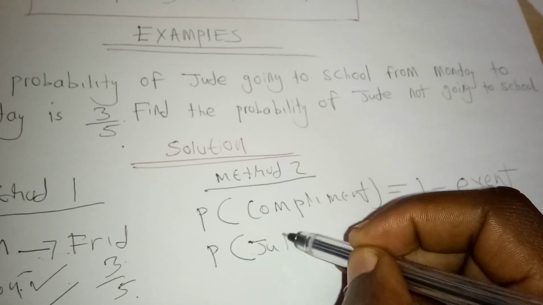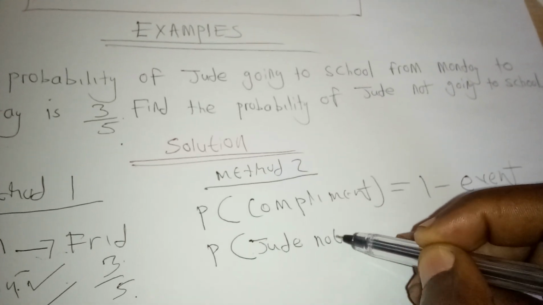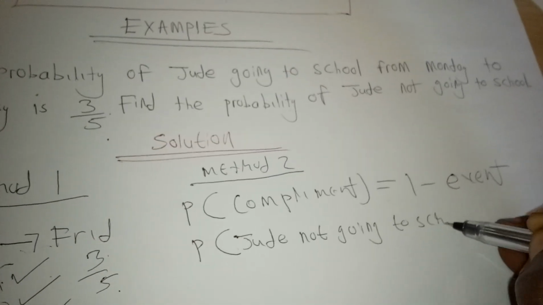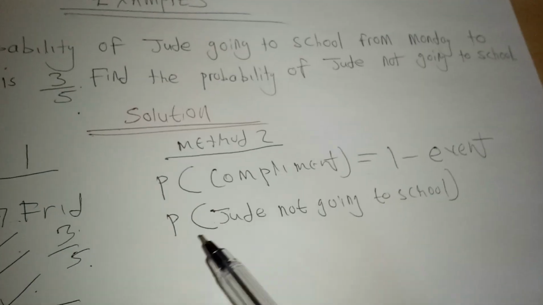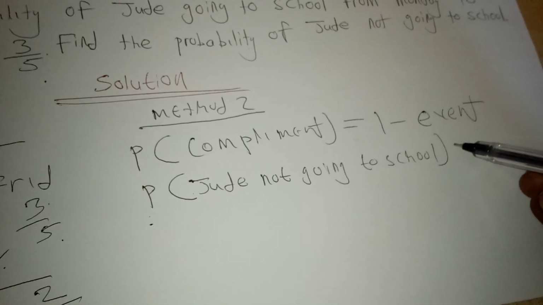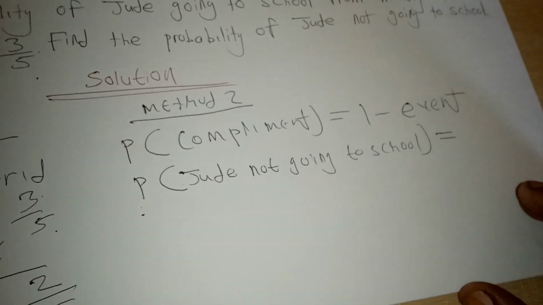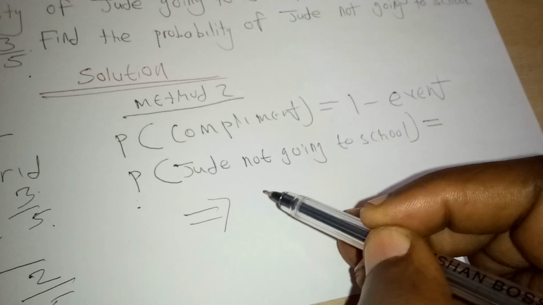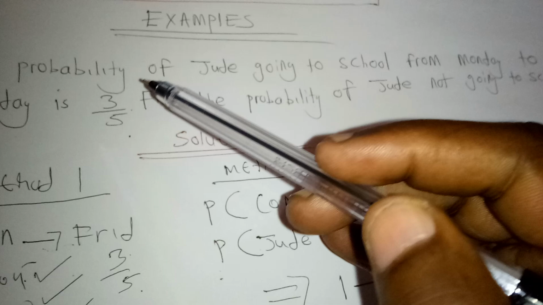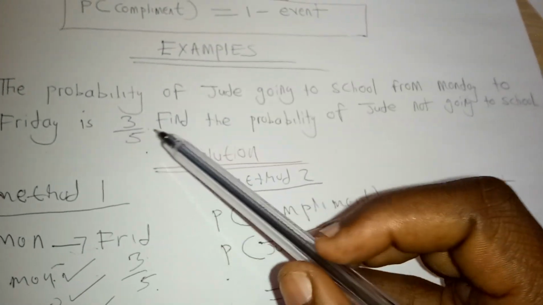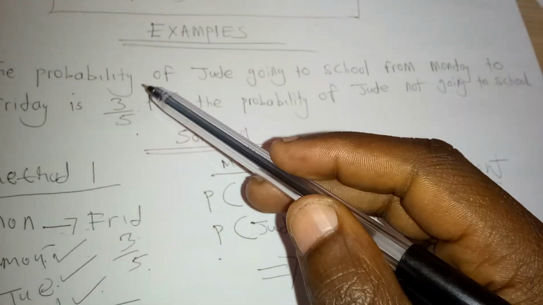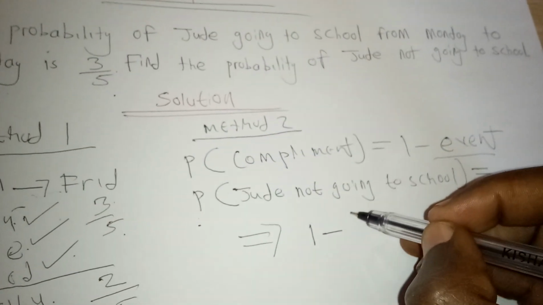So P, meaning the probability of Jude not going to school, equals 1 minus the event. Here the event is the probability given in the question, which is 3/5. They're saying the probability of Jude going to school from Monday to Friday is 3/5, so 3/5 is our event.